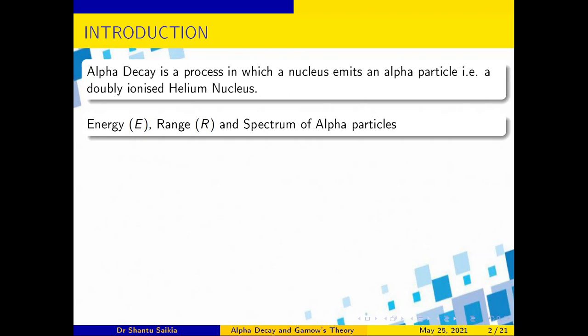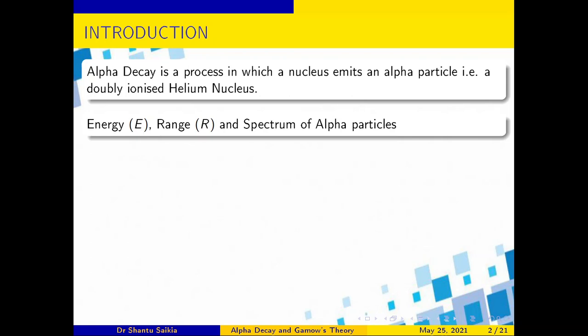So the basic idea is, when an alpha particle travels through matter, after traveling a particular distance, it ceases to exist. This distance through which an alpha particle can travel through matter before ceasing to exist is called its range. Now, this range is dependent on the energy of the alpha particle.